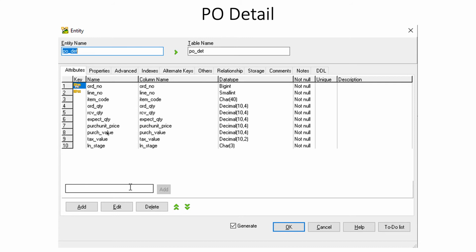The purchase value is the total value of this line, so that would be your order quantity times your price.